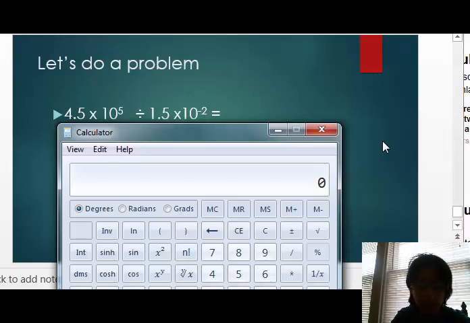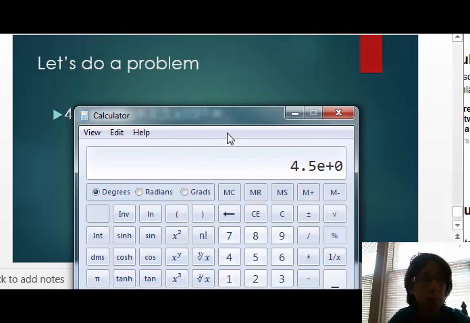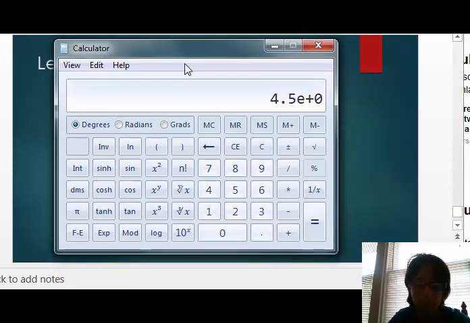Let's input the first value or dividend, 4.5 EE or EXP to the 5th, then the operation of division, and then the divisor, 1.5 EE or EXP negative 2.